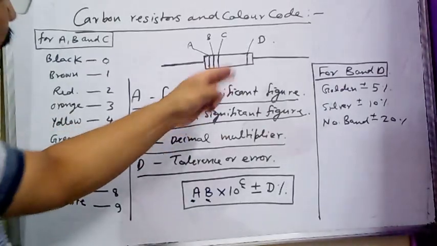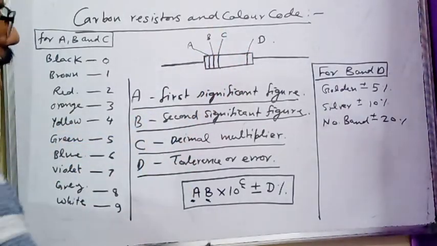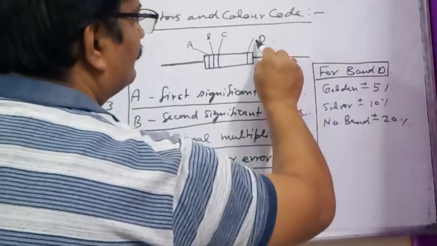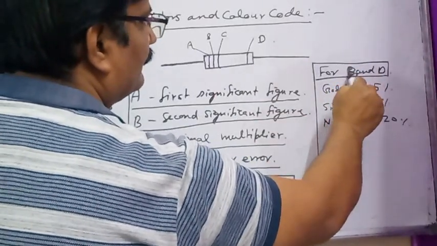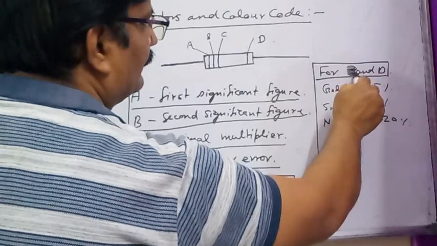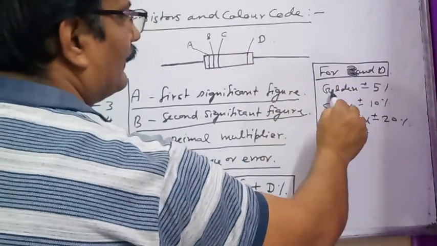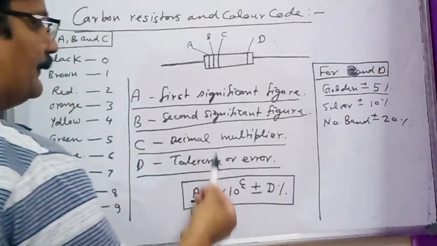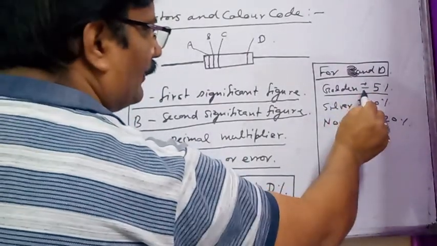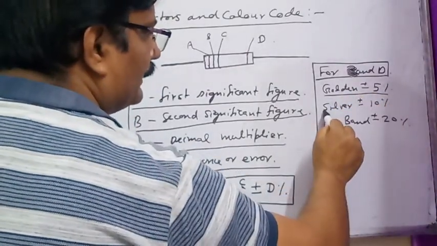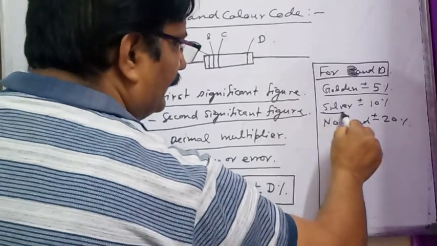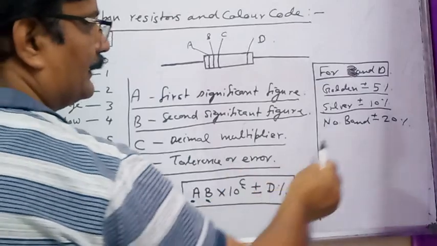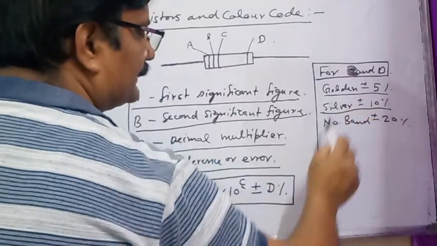But what about ring D? For band D, the color code is golden color, and the tolerance level or error can be plus or minus 5%. If band D is of silver color, the tolerance level can be plus or minus 10%.